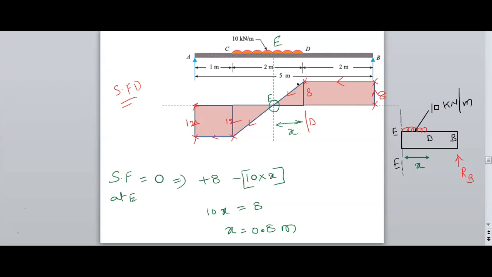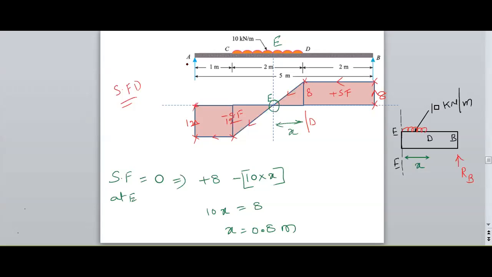So joining all these points, I will get a graph like this. It is changing its sign from positive to negative at some location. I don't know that location.